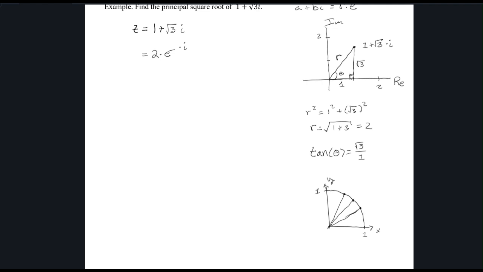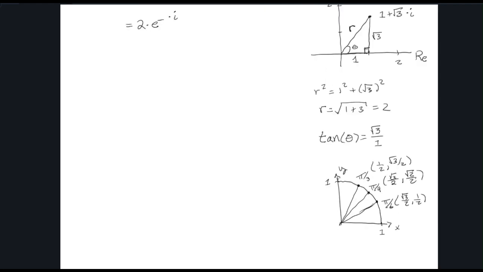So this is pi over 6, pi over 4, and pi over 3. The points are root 3 over 2 comma 1/2, or root 2 over 2 comma root 2 over 2, and 1/2 comma root 3 over 2.